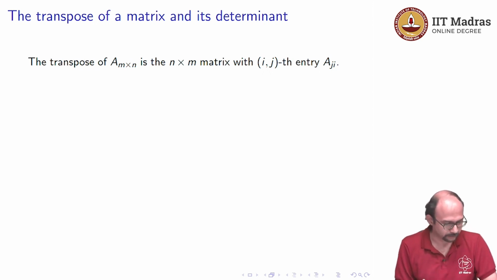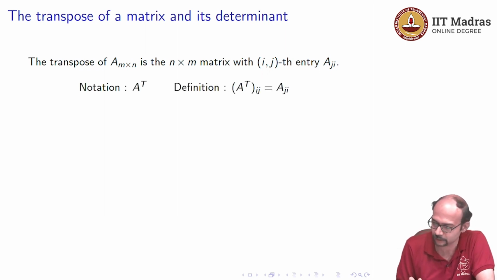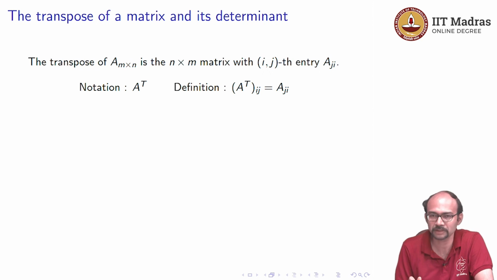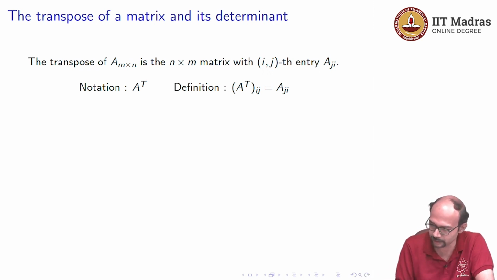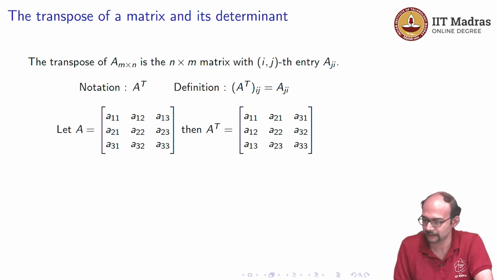This is the notation, it is called A superscript T. T is for transpose, and its definition as we noted is A transpose ij is AJI. For example, if A is a 3 by 3 matrix, then A transpose is again 3 by 3.